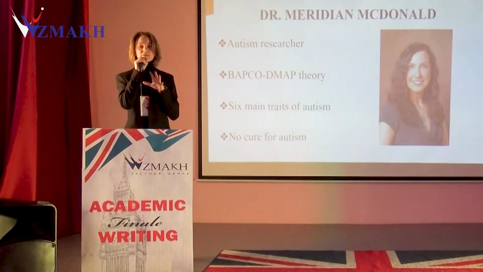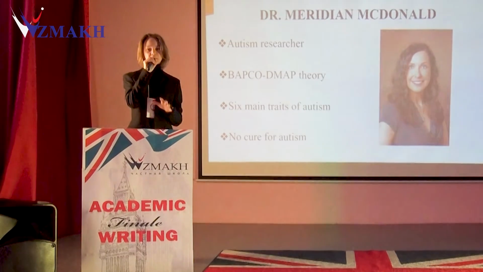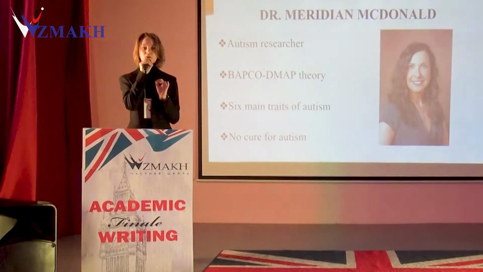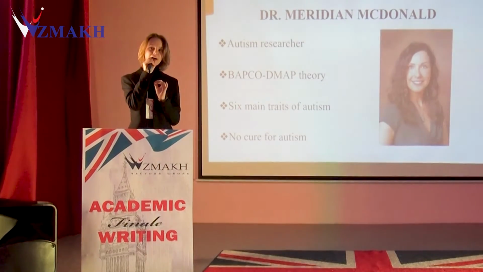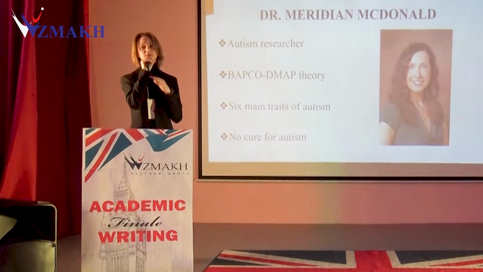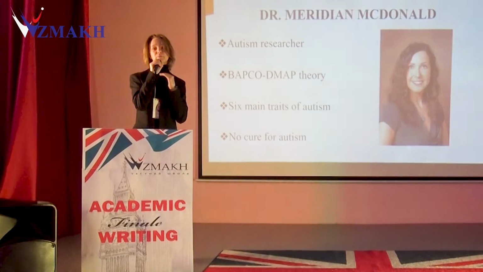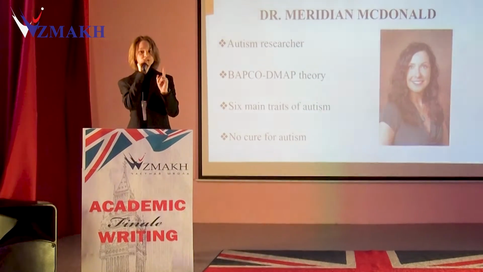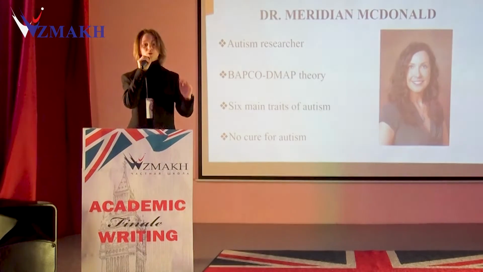She also says that autistic people may have only some of these traits. For example, an autistic person may have increased attention or increased memory, but have problems with language development. And importantly, she also mentions that there is no cure for autism.